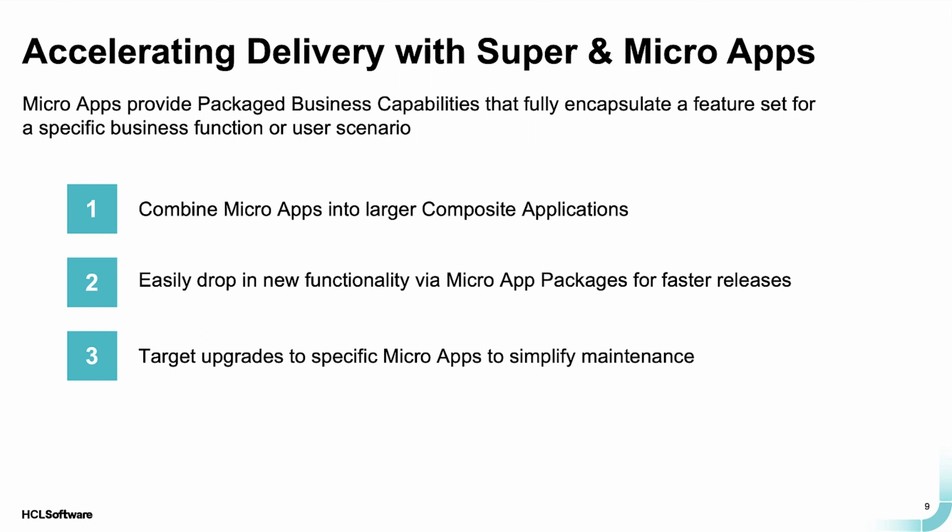Now, what if they could work independently? What if you could develop different parts of the application, test them, and if needed, even upgrade them independently? That is the concept being brought about with super and micro apps.